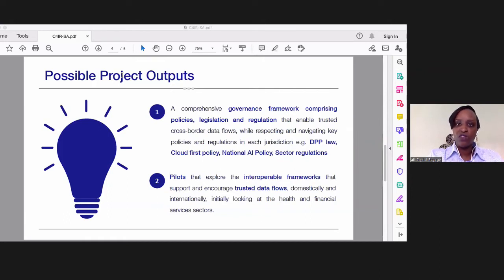I've already mentioned the draft legislation that we're working on for data privacy and protection. We are also working on the national AI policy with the government as well as GIZ.